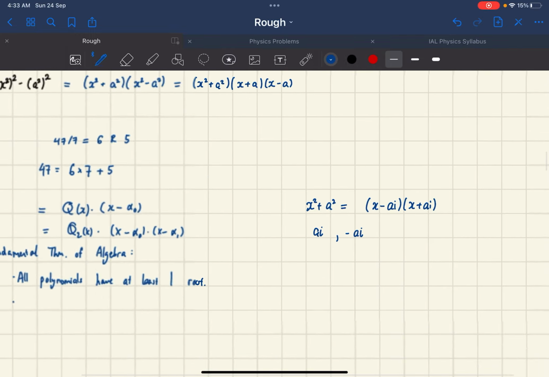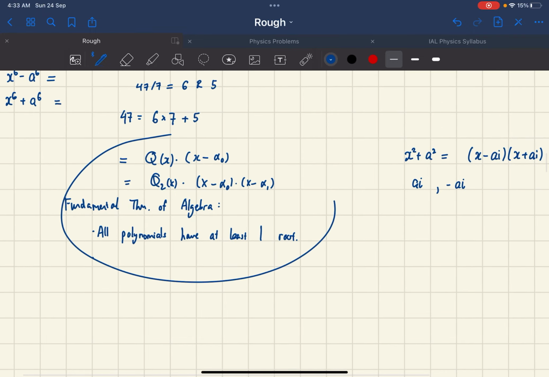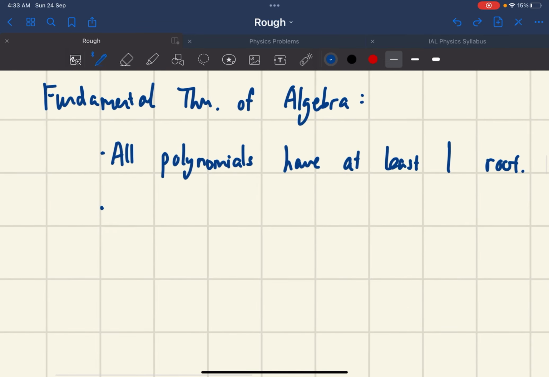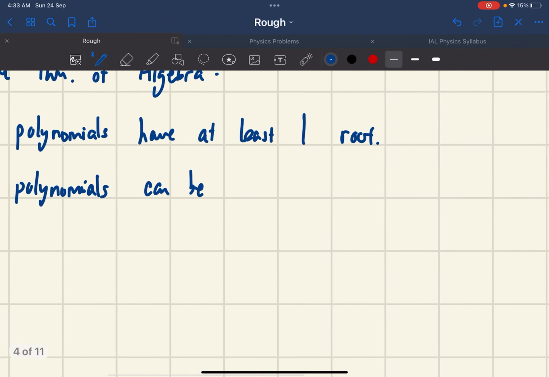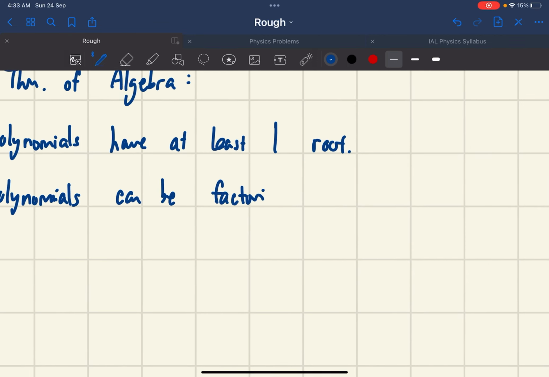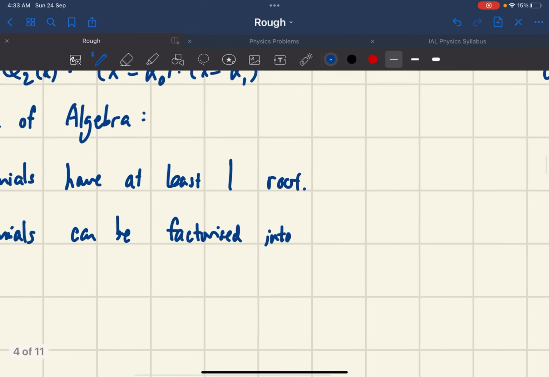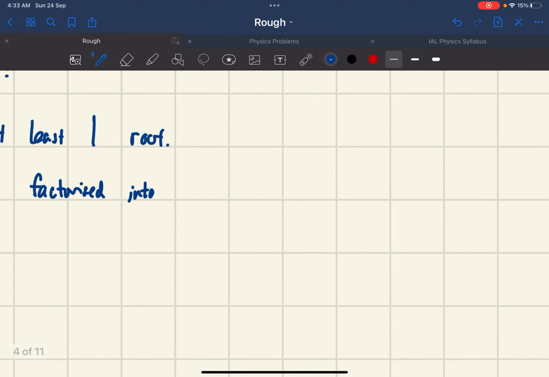I should clarify that if you work out this theorem, all polynomials can be factorized into factors of x minus alpha, where alpha is a root of the polynomial.